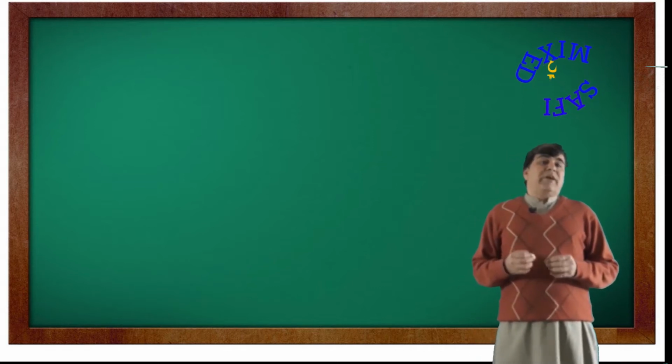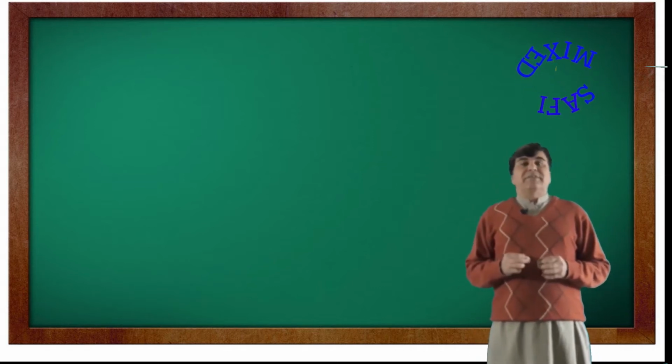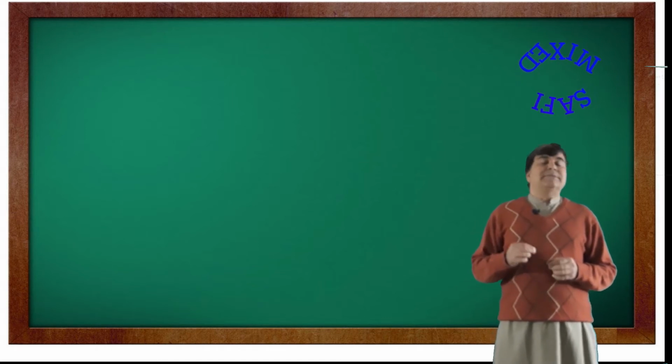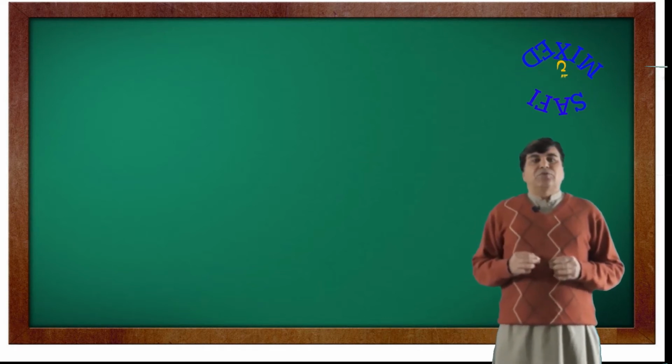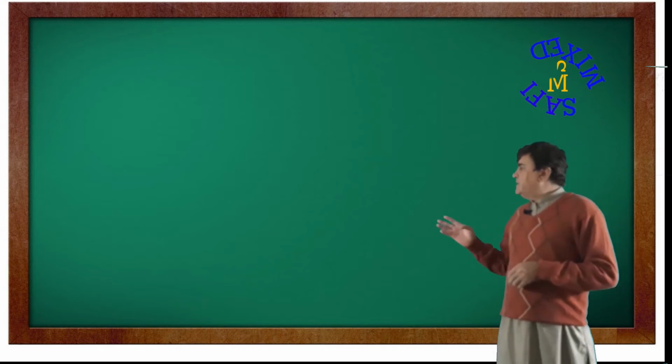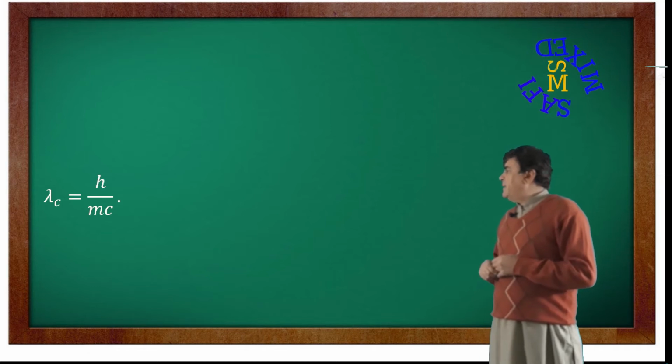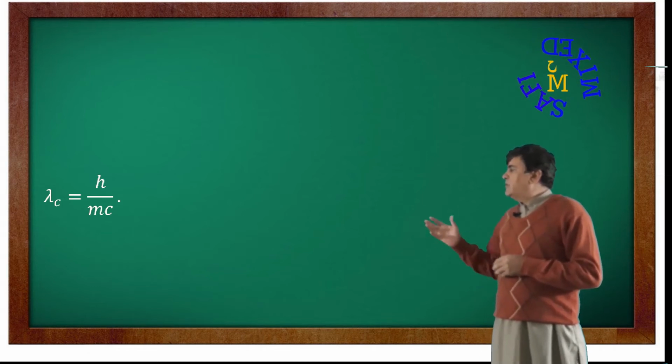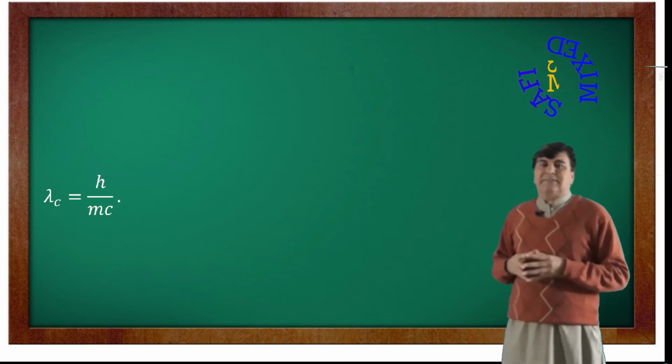Similarly, the Compton wavelength provides a comparison between the wavelength of a photon and of a particle. To understand this, let's move to the mathematical form: lambda c equals h divided by m naught c, where m naught stands for the rest mass of a particle.